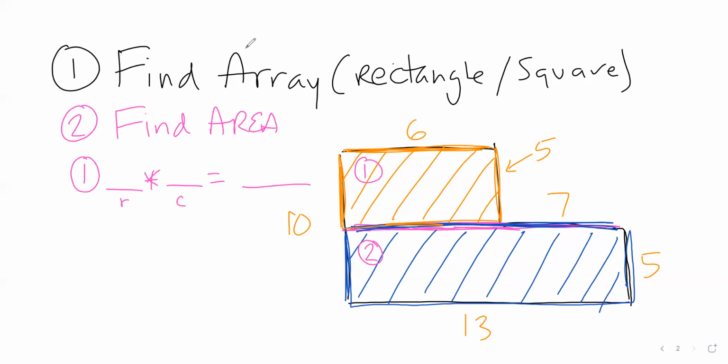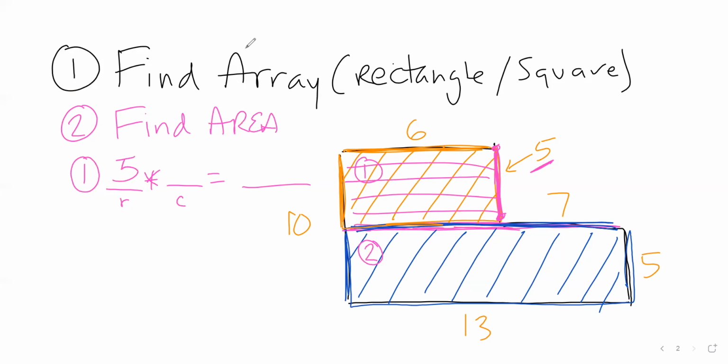If I look at this rectangle here, I see that from this point to here, the distance between that is 5. So that's how many rows I have. Technically, that's saying there's 5 units going across my rows. So I have 5 units.